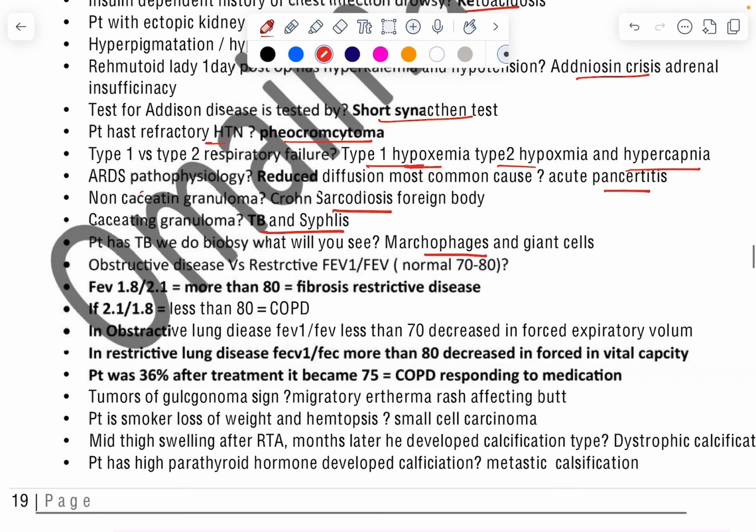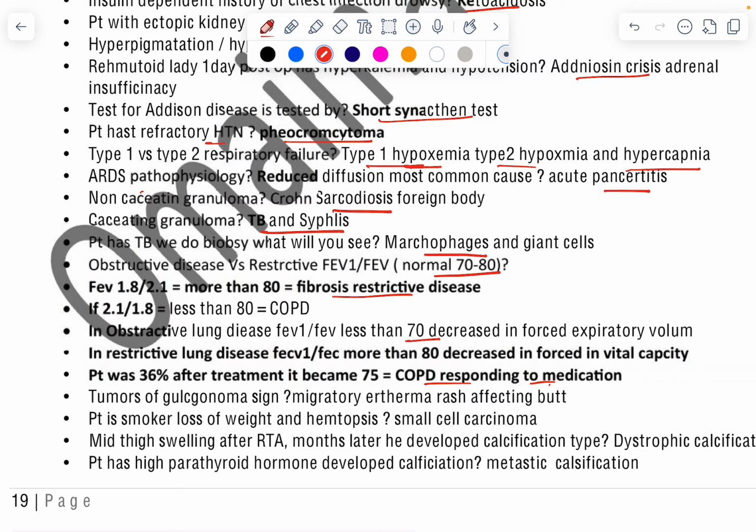Obstructive disease versus restrictive: normal is 80; more than 80 is fibrous. In obstructive disease it is less; in restrictive disease FEV1 is more than 80. Decrease in patient is 36%, after treatment became 75: COPD responding to medication.